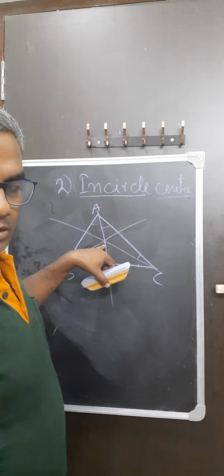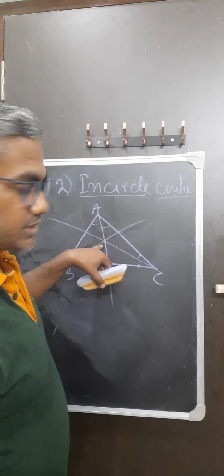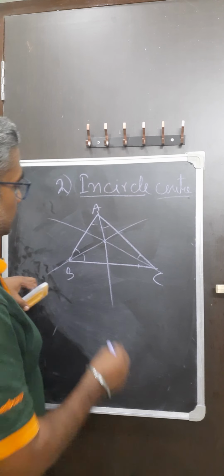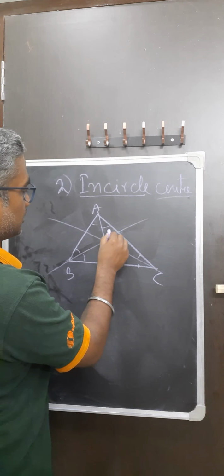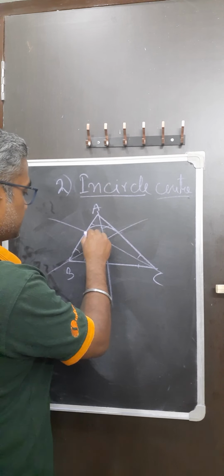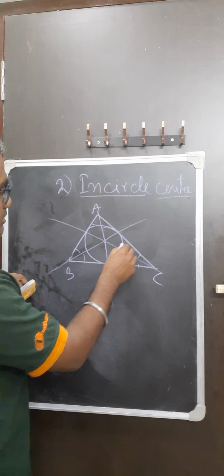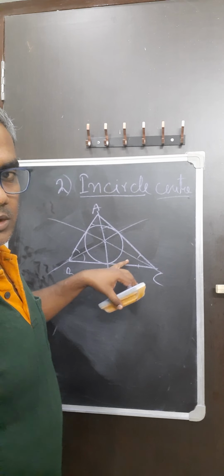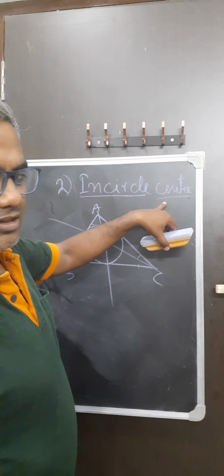This point is called the encircle center. If I draw a circle with this center touching the three sides, then this circle is called the encircle, and the center is called the encircle center.